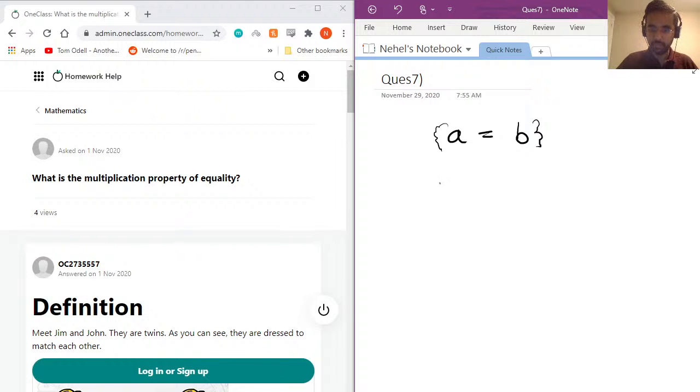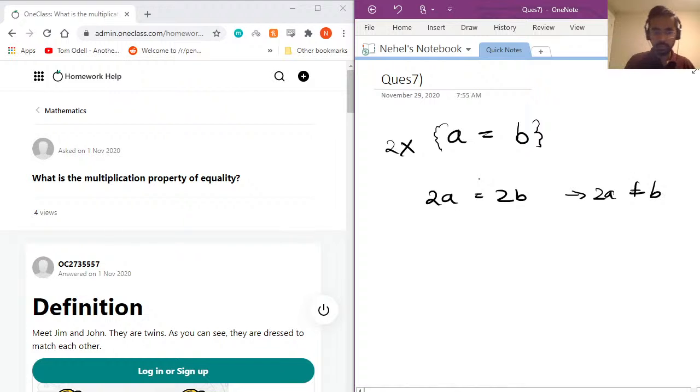So if I multiply, let's say, both sides by 2, I would get 2A equal to 2B, because 2A is not equal to just B. As we know, A is actually equal to B. So that's a simple explanation for this property: if you see an equality and if you multiply anything on one side, you need to multiply it on the other side as well in order for the equality to hold true.